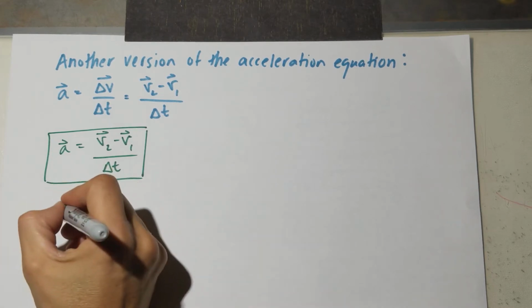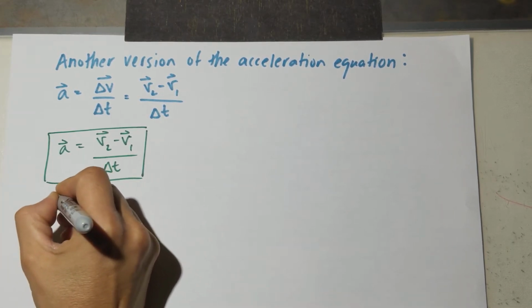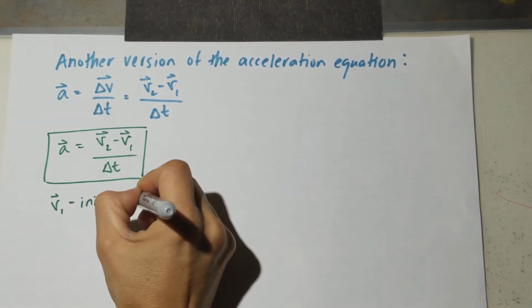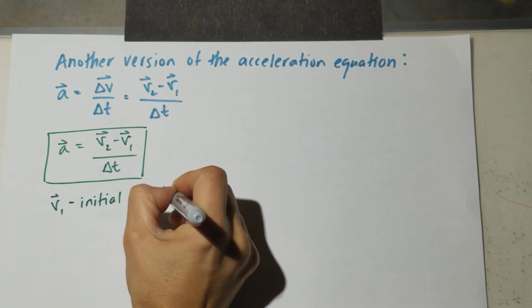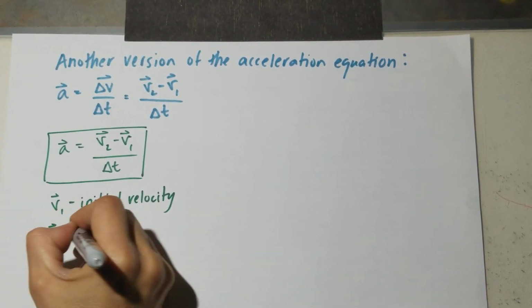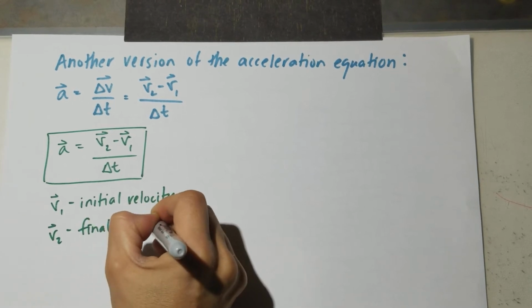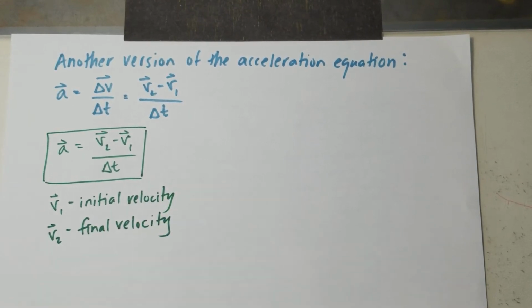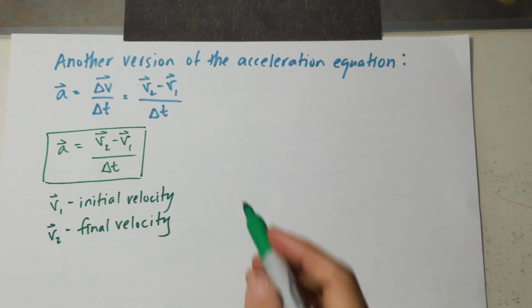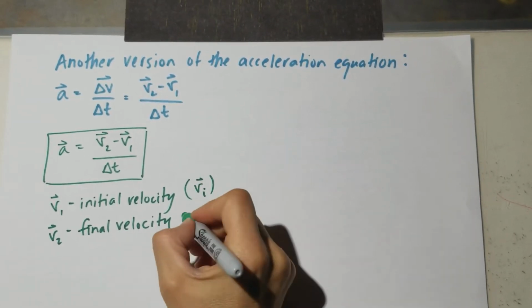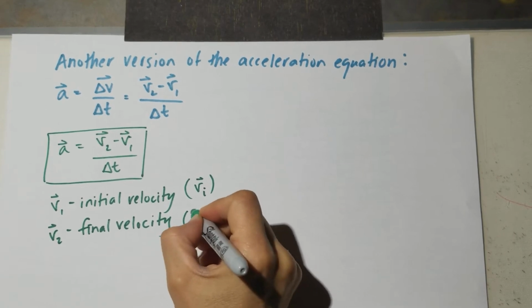All right. So the only thing new is that V1 is the initial velocity and V2 is the final velocity. Now in some textbooks, you might also see Vi or Vf.